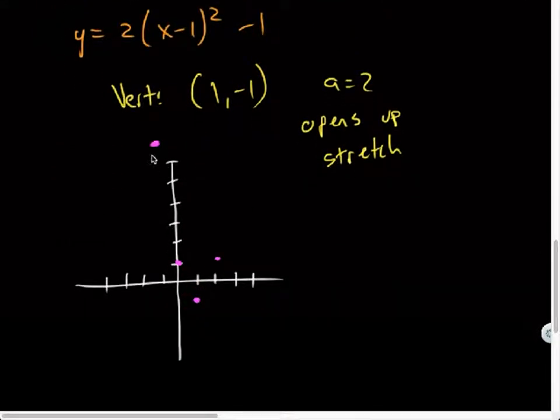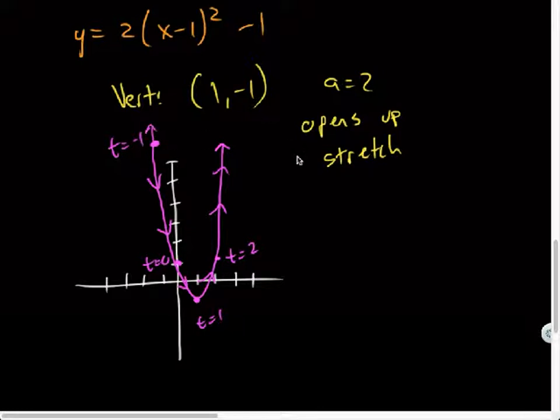So the parabola's path is this for my object, and the direction is this, because this was when t was negative 1, this was when t was 0, this was when t was positive 1, and this was when t was positive 2. That's why it's moving in that direction. But since they gave us values for t from negative infinity to infinity, the path technically goes all the way out forever.